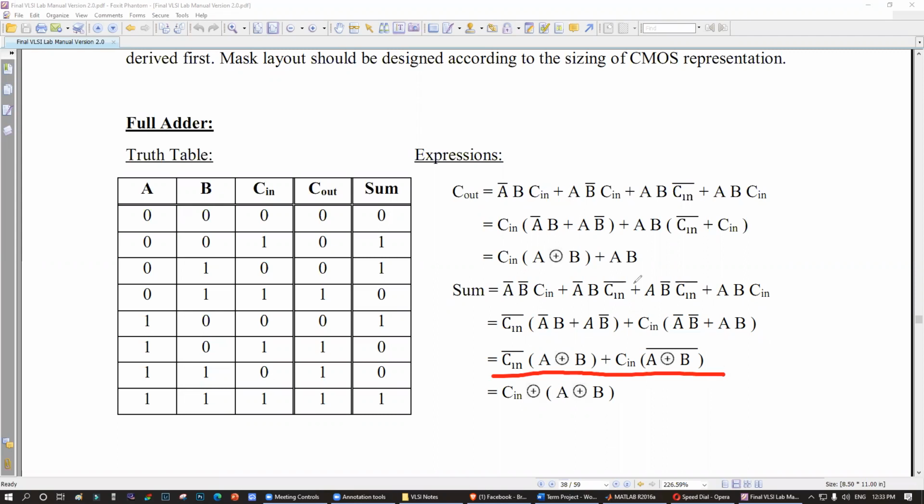Consider this is your X, this is your X bar. So C bar X, C X bar, like this one, A bar B, A B bar. Can you see that? So can we call C in XOR A XOR B?